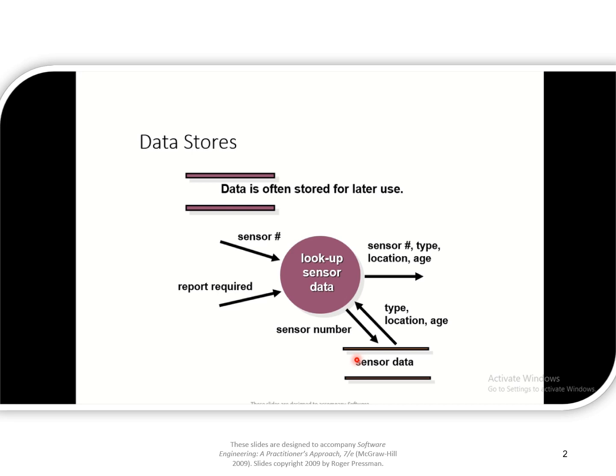Data store. To understand data stores, we have taken the example of Safe Home Security System from Pressman book, and in this scenario we are basically finding out the sensor details like sensor type, its location and age.